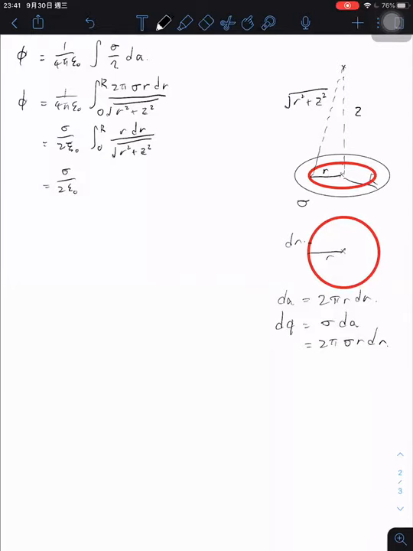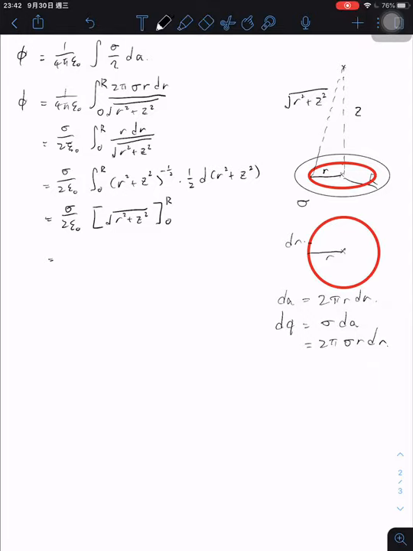We just have to use the method of substitution. r dr we can replace by 1/2 of d of (r squared plus z squared), and therefore we can perform this integral very easily. The result is the square root of r squared plus z squared, with lower bound 0 and upper bound R.